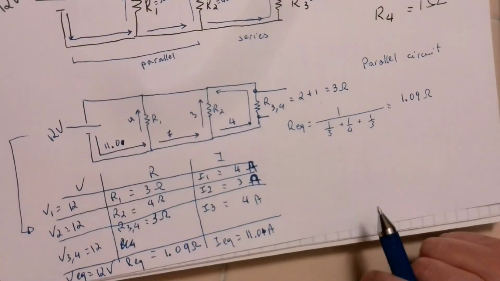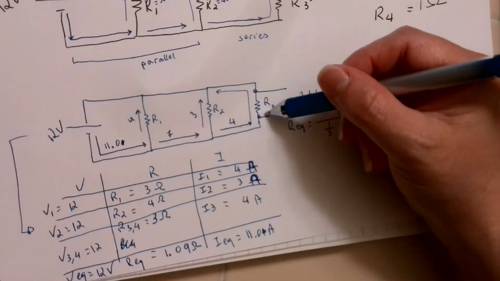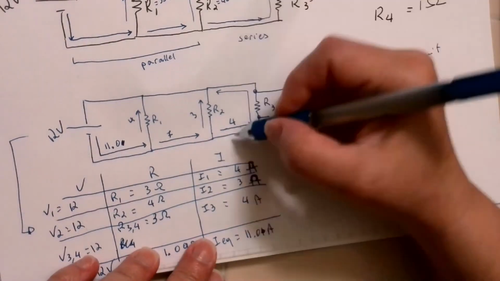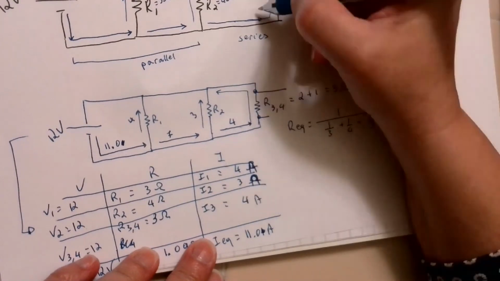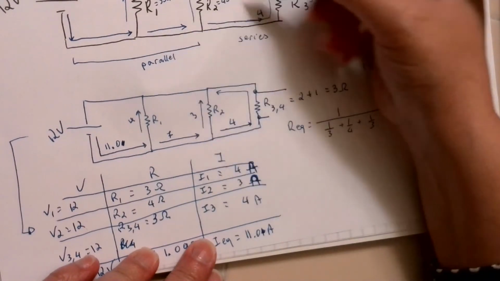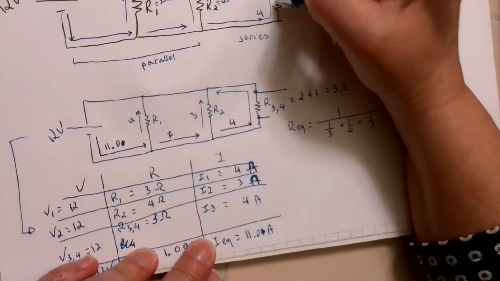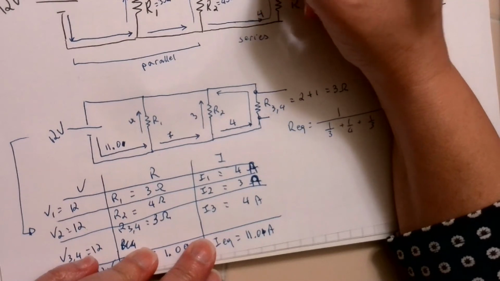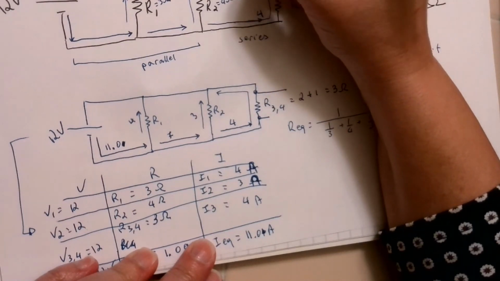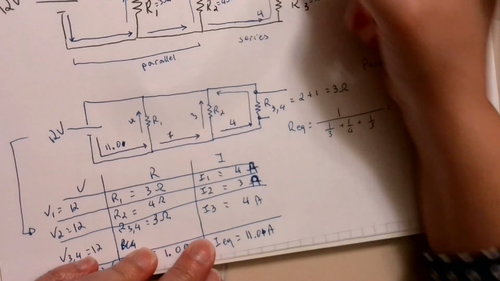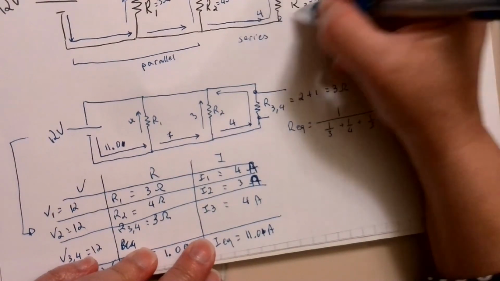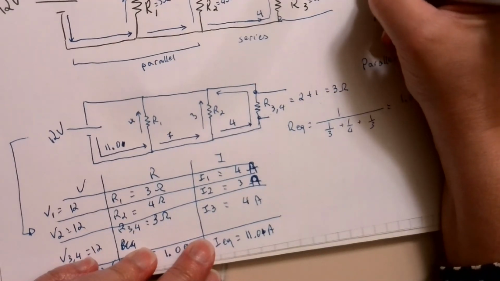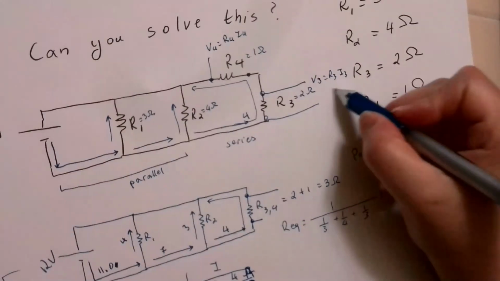Okay, so at this point basically we're done, unless you're super cool and you say, well, the current that is going through R3 and 4 is this also. If I go back in the circuit, right, if this is 4, then I can just calculate the voltage across R4, right? So V4 is equal to R4 times I4. And V3 is going to be R3 times I3.